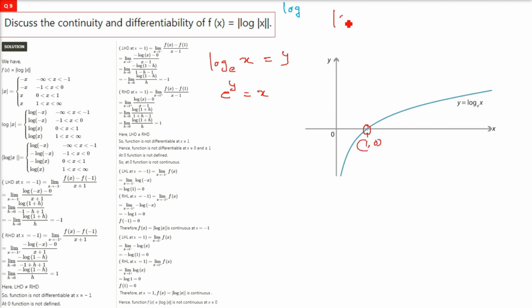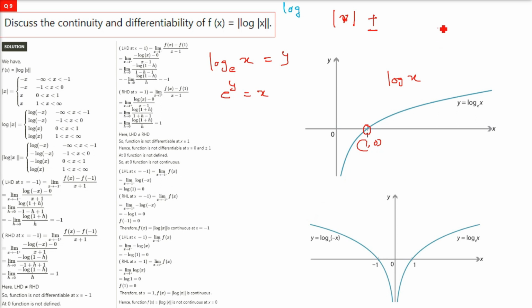That is how it changes. That is, when you are actually putting modulus, you cannot go to the negative y-axis. You also always have to come to the positive y-axis. The modulus will always give you a positive result. This is normal log x. So the line which is below the x-axis, that is, the negative y-axis, won't work. That is, if you take log x or log minus x.